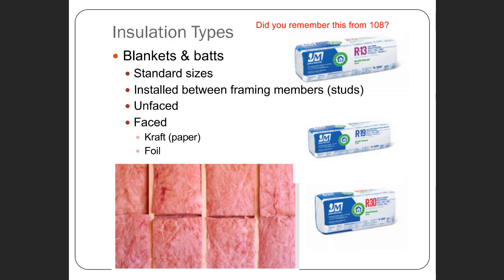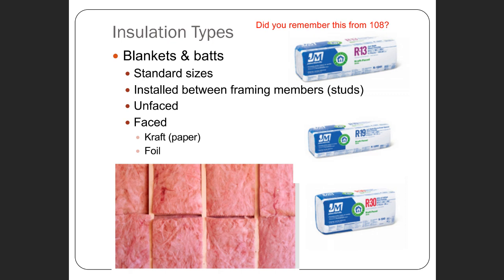But again, these blankets and batts are really meant to be installed between standard size framing members. And again, here are our R values: 13 would be in a 2x4 wall, 19 in a 2x6 stud wall, and 30 generally would be insulation in a roof or a ceiling.